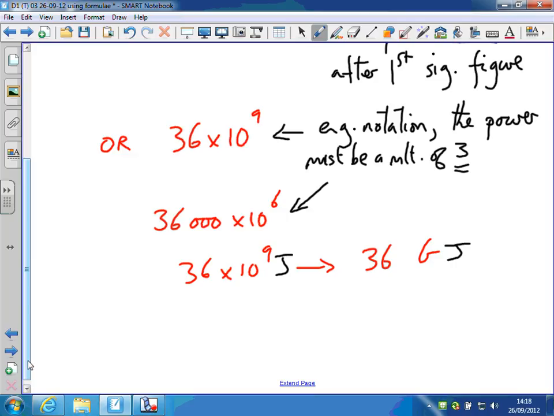Or 36,000 times 10 to the 6 joules would be what? What's a million? Megajoules. And so the reason why we use engineering notation is because you can immediately transfer straight to other units like gigajoules, megajoules, kilojoules, etc. Okay? Go in threes.